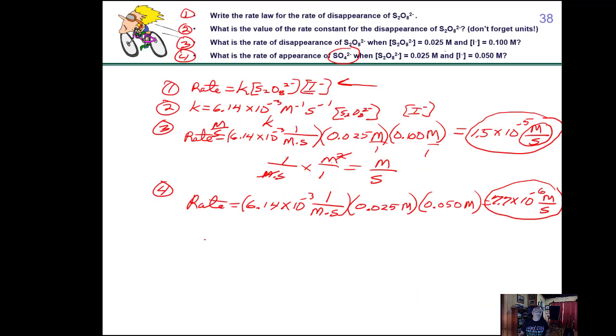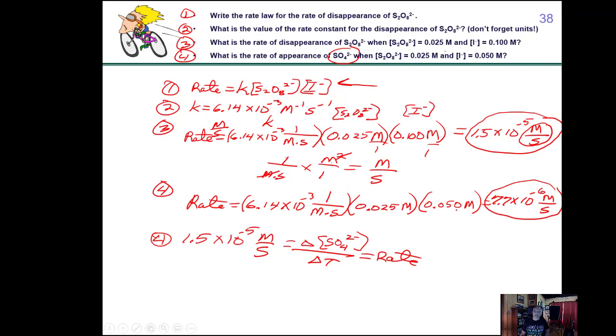And so finally, the answer to question 4 is 1.5 times 10 to the minus 5 molar per second, and that is equal to the rate of appearance of sulfate ion when the concentration of peroxydisulfate is 0.025 and the concentration of iodide ion is 0.05 molar.